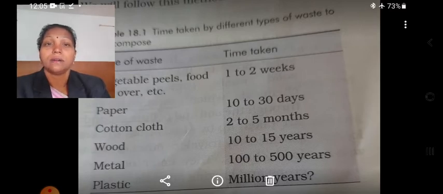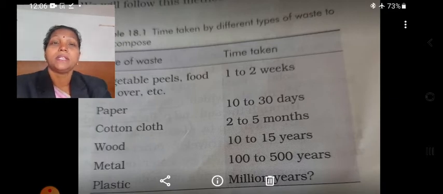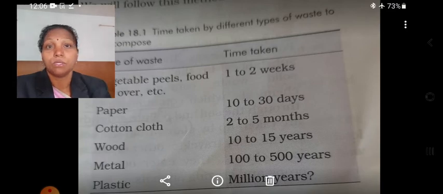But any man-made synthetic materials like metals, glass, plastic, leather, all these materials take more and more time for their decomposition.